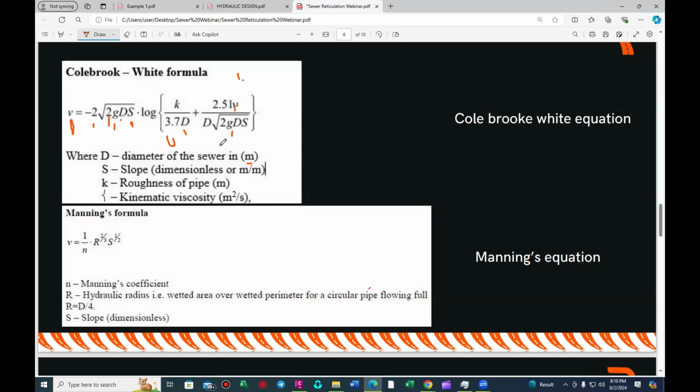Then g again, that's our gravity. Then D, the diameter of the pipe. Then S, the slope. We're not going to talk about how this was derived, you guys. If you're like me, I'm very curious because I like to know what I'm using. But you just need to know how to use it and all the parameters in that equation.